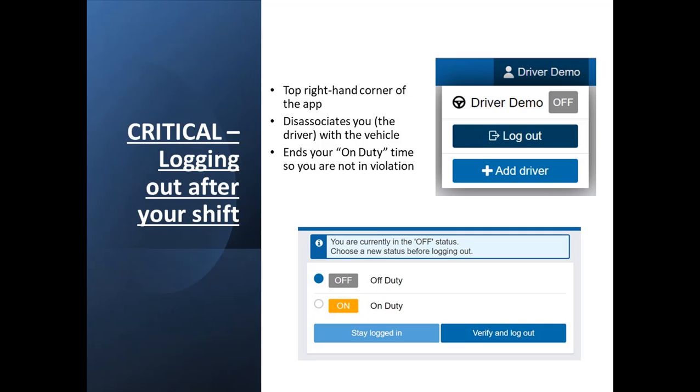You may also end up staying on duty from one shift to the next, leaving yourself with no on-duty time and being in violation. Currently, the FMCSA does not allow edits to any automatic drive logs. To avoid any issues, simply log out of the Geotab Drive application at the end of your shift.